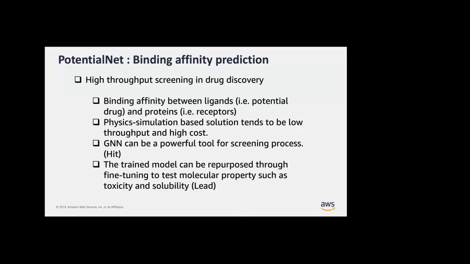The customer expects that GNN is particularly helpful because you can train such a property prediction model using the model that you trained for binding affinity prediction, through a process called fine-tuning. In that kind of idea, our customers and also a lot of people in the industry see that GNN-based drug discovery has potential.